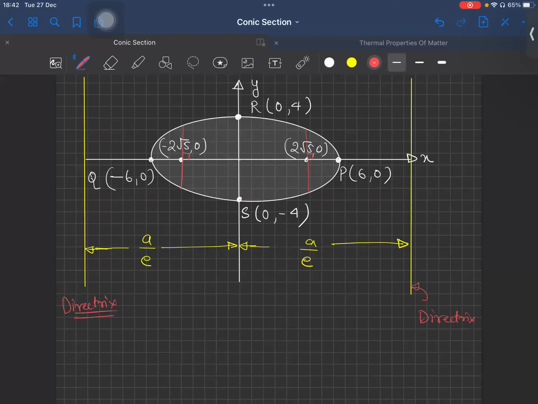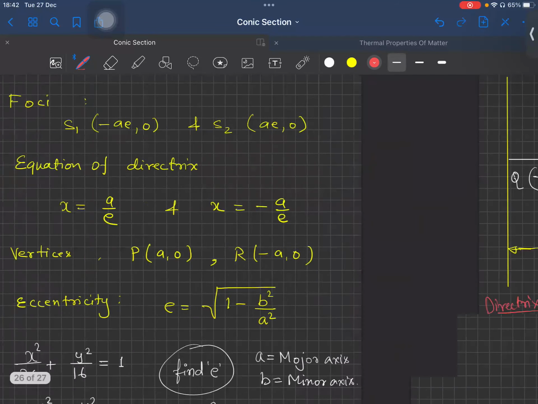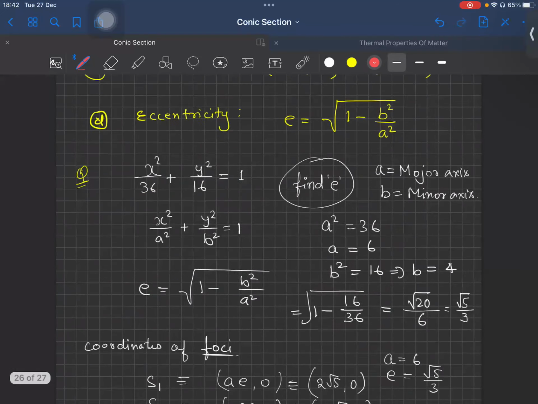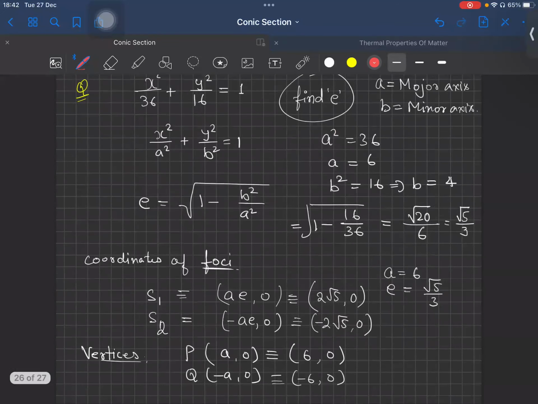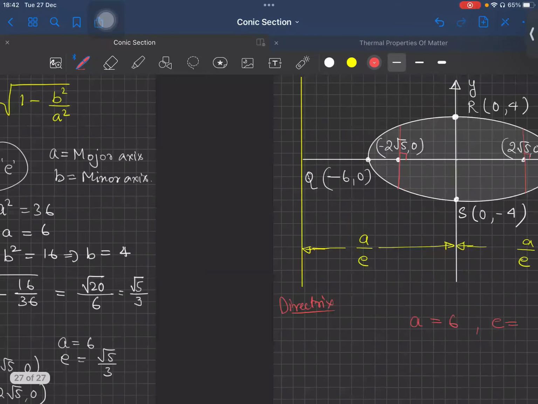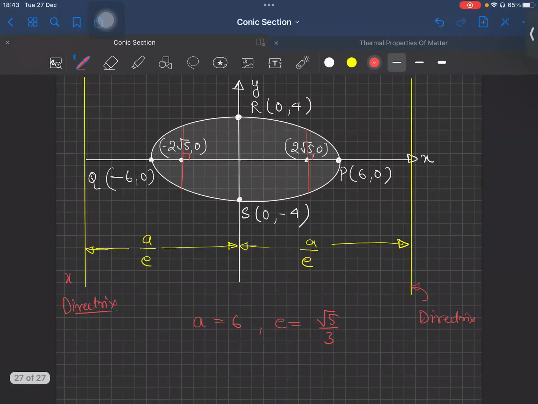Yes, Shrukruti, tell me. What will be the equation of these two lines? A upon e is how much? The value of a is how much? 6. E, how much did you get? What is the value of e? Root 5 upon 3. So this a upon e is how much? This line is x is equal to minus a upon e.